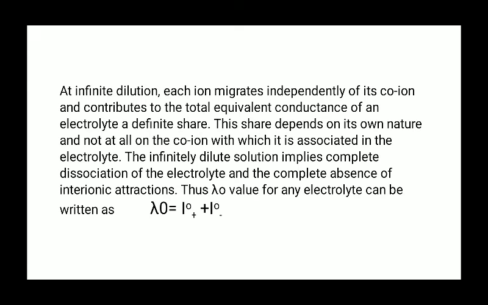The lambda 0 value for any electrolyte can be written as lambda 0 = L0+ + L0-, where L0+ and L0- are the equivalent ionic conductances at infinite dilution of the cation and anion respectively.